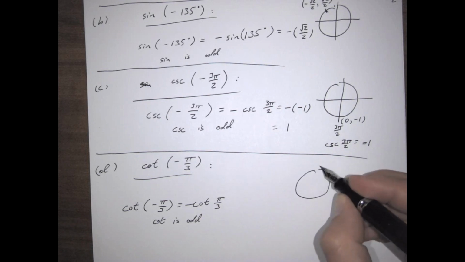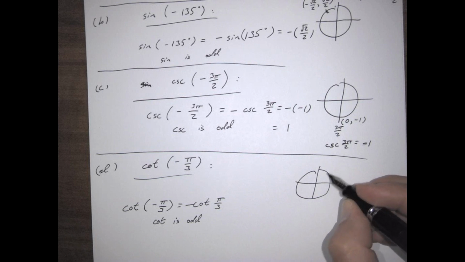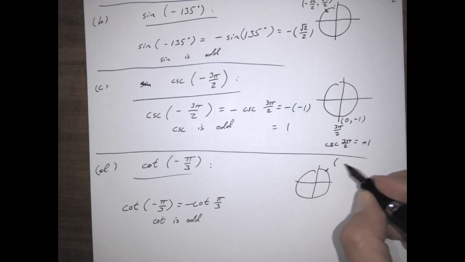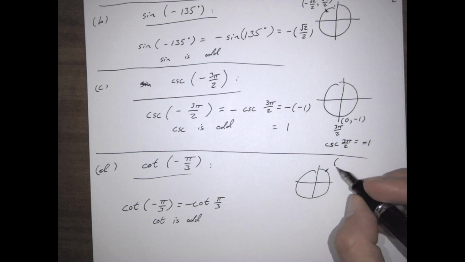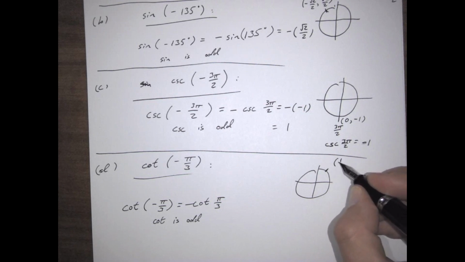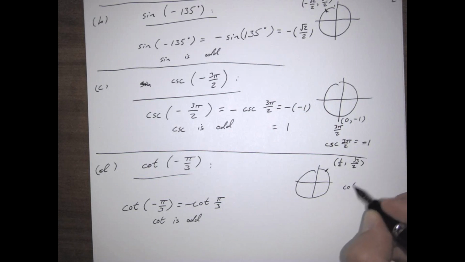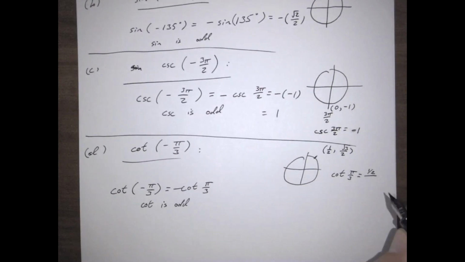Now we can ask ourselves about regular pi over 3. Pi over 3 is the same as 60 degrees. It's the higher one. So that's going to be the one with the x value of 1/2 and the y value of root 3 over 2, which means then cotangent of regular pi over 3 is going to equal x over y, since it's the reciprocal of tangent.